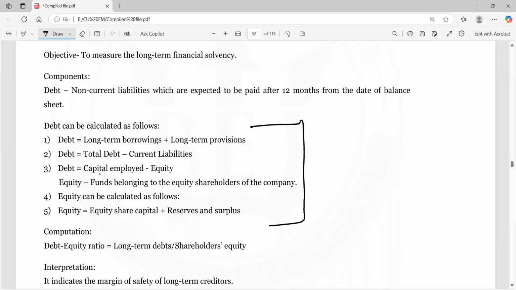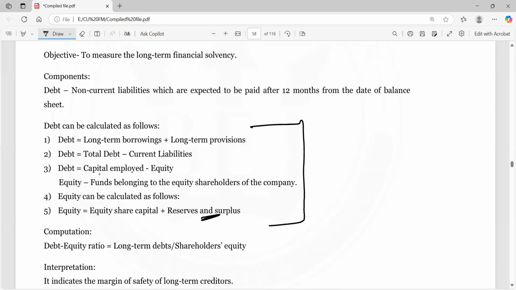To put it very simple, while calculating solvency ratios, the debt includes only long-term debts like long-term borrowings, debentures, and what else? Long-term loans taken by the company. It does not include any current liabilities or short-term loans. Similarly, equity includes both equity share capital as well as the reserves and surplus of the company, right?